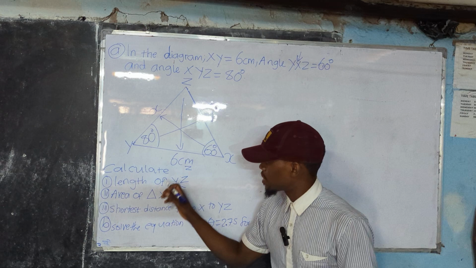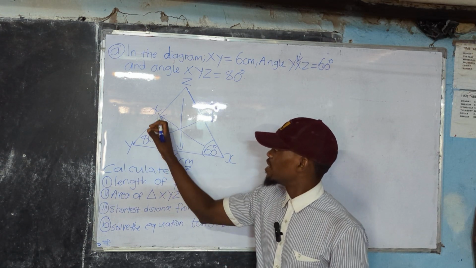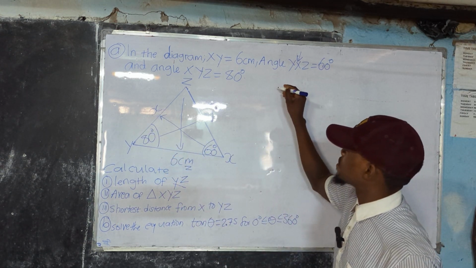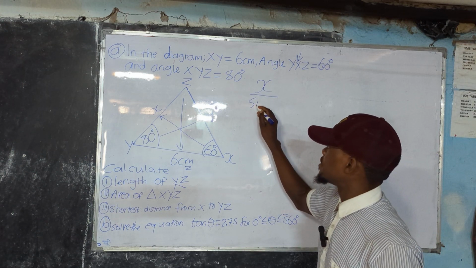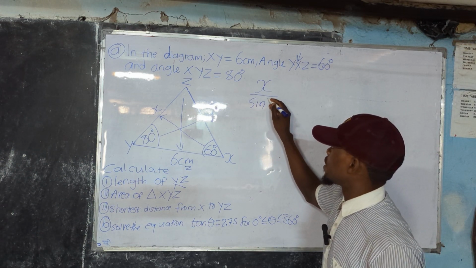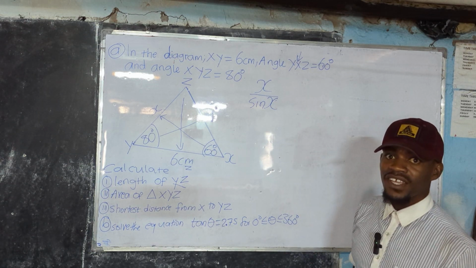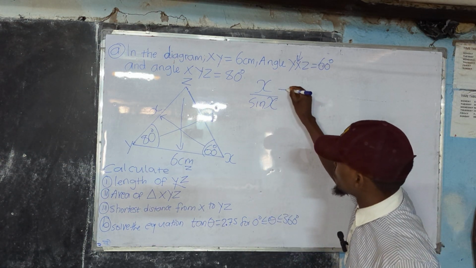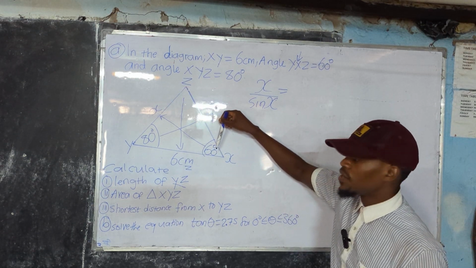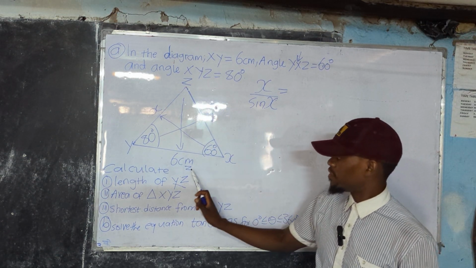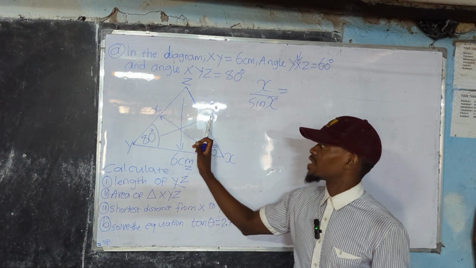So to find this distance, my focus is on YZ. Which letter is representing YZ? It's my x. So I'm going to say x over sine capital X. Then it is equal to, since this is what we want, we have two letters now, letter z and letter y.